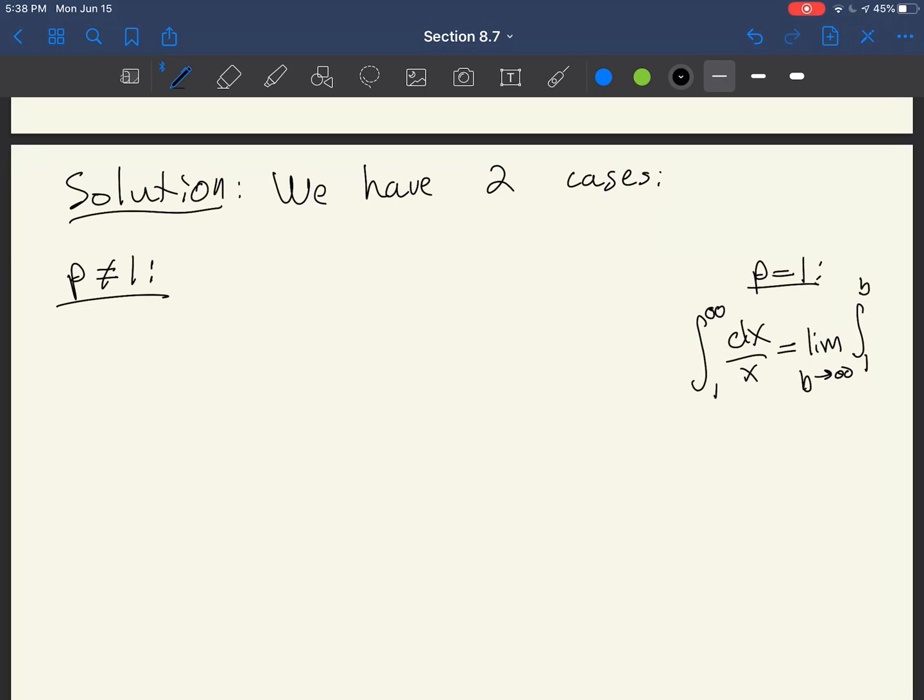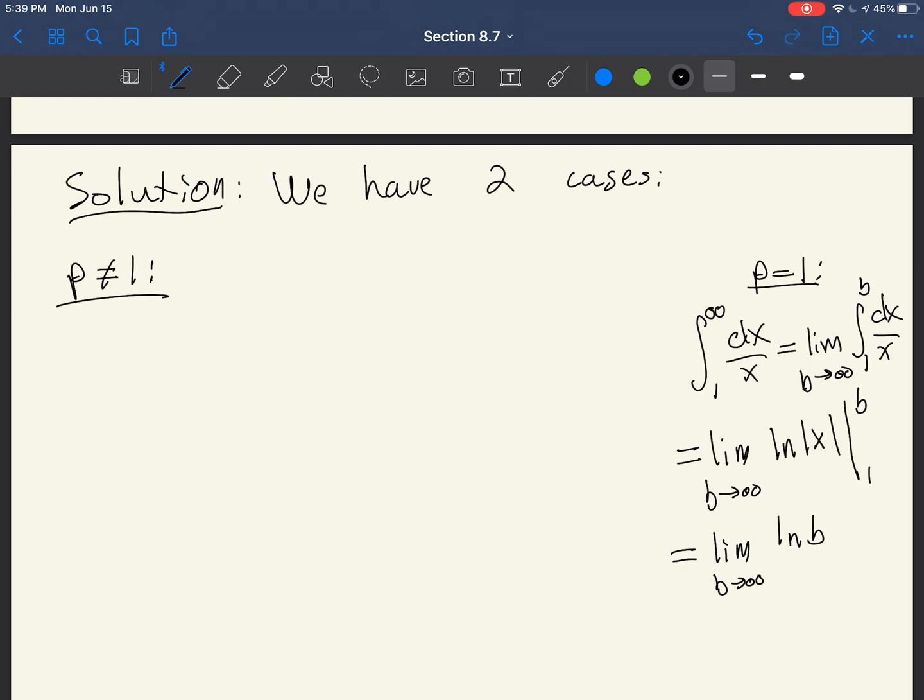By definition of the improper integral, this is the limit as b goes to infinity of the integral from 1 to b of dx over x. This is the limit as b goes to infinity of the integral of 1 over x, which is natural log of x, from 1 to b.